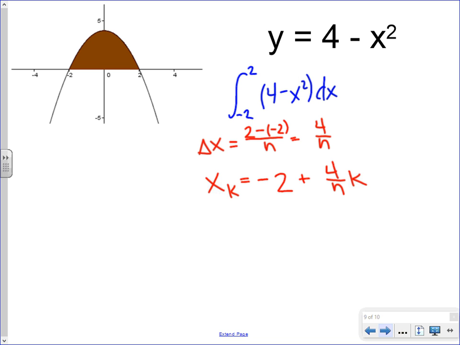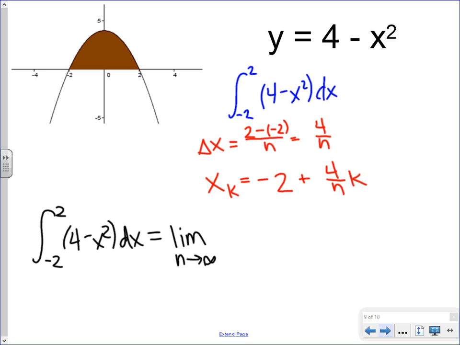Remember, our integral is the limit as n approaches infinity of the sum from k equals 1 to n of f of x sub k times delta x.